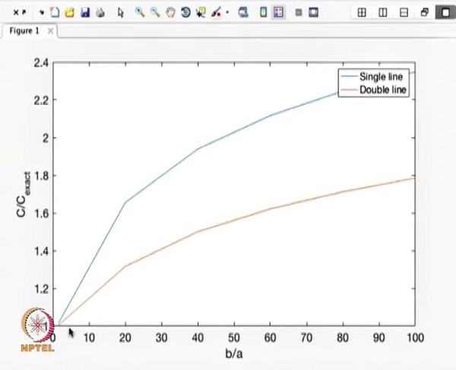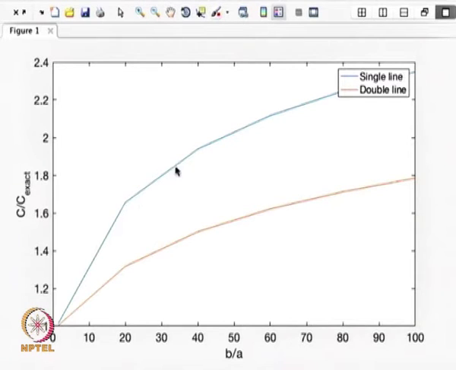when the radius of the outer conductor becomes comparable to the radius of the inner conductor, whereas when the outer conductor's radius is increasing, you see that for the double line, in this case we have 2 points, here in this case 3 points, the error from the 3-point approximation is much lower than the error from the 2-point approximation.